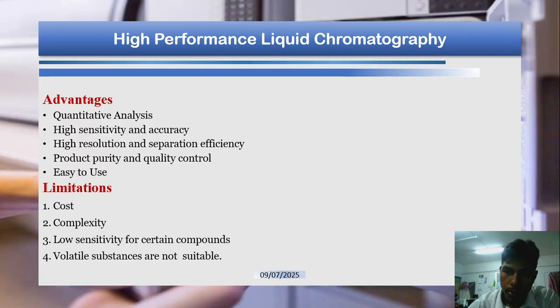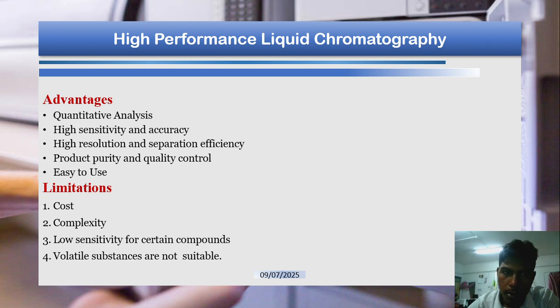So it has huge advantages. It has high resolution and good separation compared to any other system. It gives a rapid and reproducible analysis, which helps in research and chemical composition.